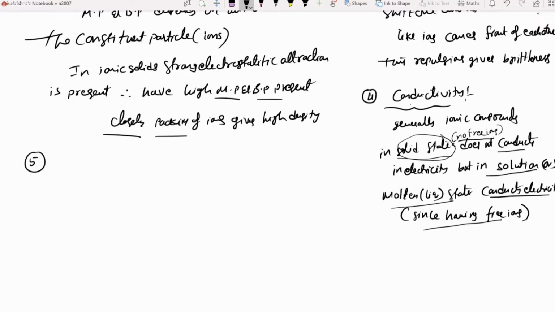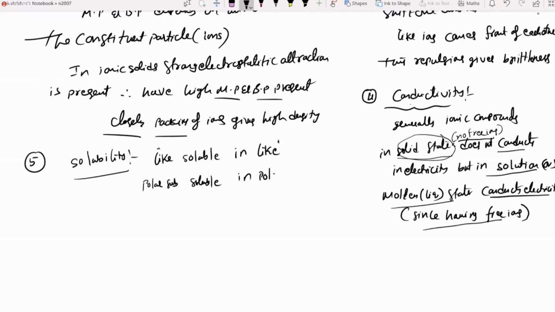Okay, next one, solubility. Sir, what is solubility? That means ionic solvents. Always you know in your school level, like dissolves in like. What is the meaning? Polar substances are soluble in polar solvents.